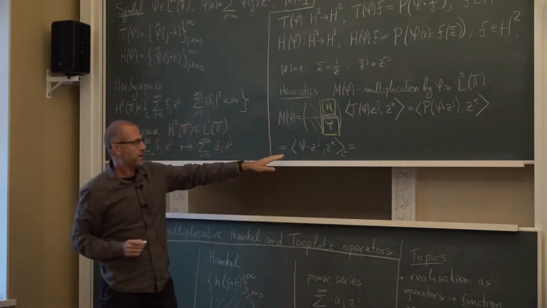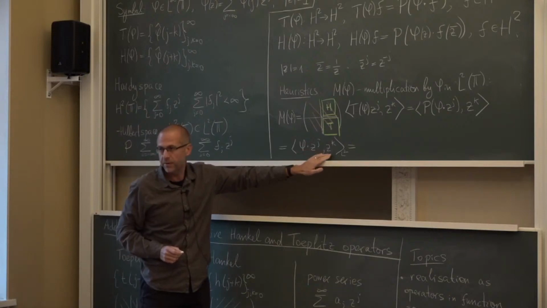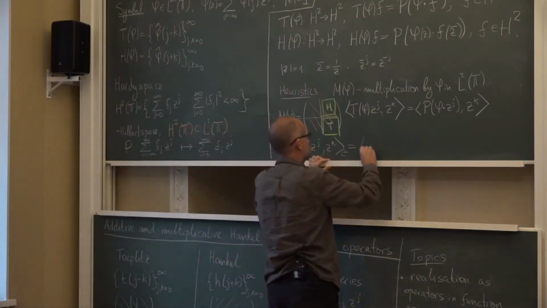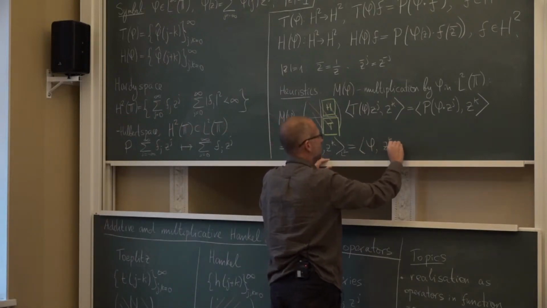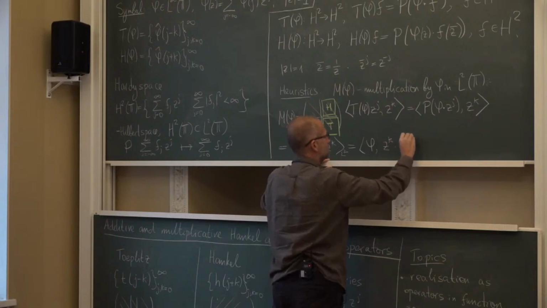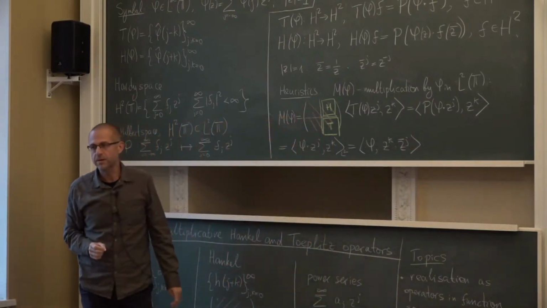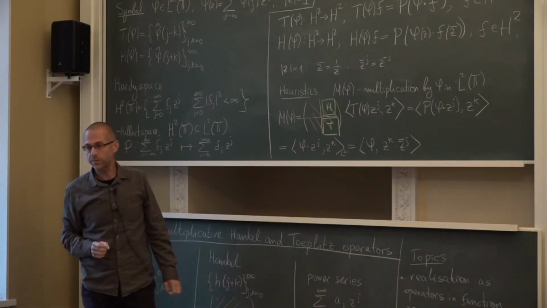Then I can move this Zj to the other part because we are on the unit circle. So I get phi Zk times Zj bar, inner product.